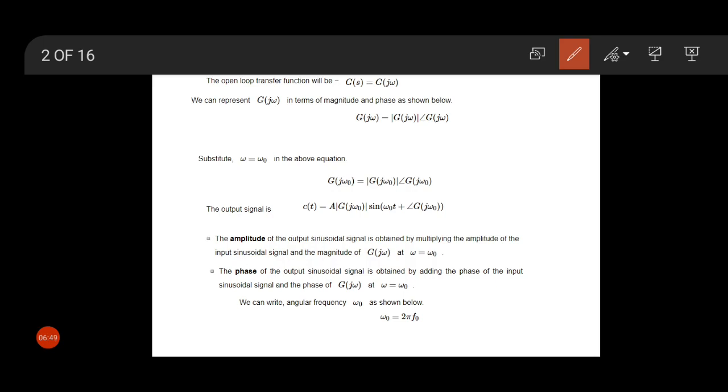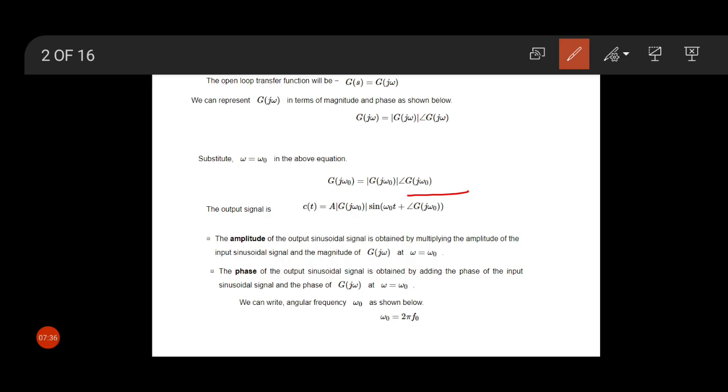Because G(j omega) is the transfer function of the system, the amplitude is obtained using the magnitude spectrum, and the phase is obtained using the phase spectrum.